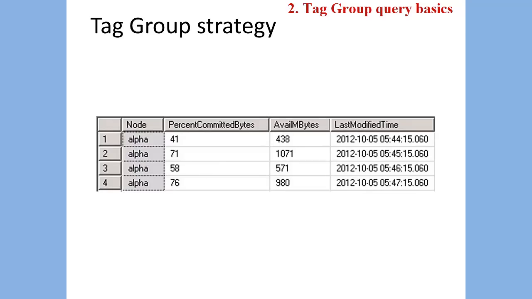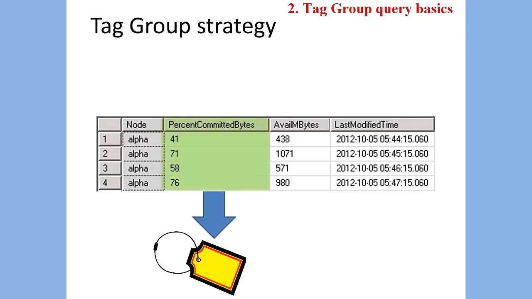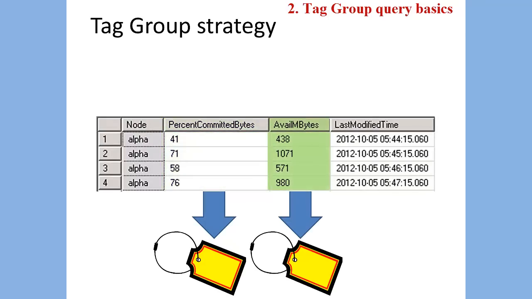I can create two PI tags, one tag for the %committed bytes column and one tag for the available megabytes column. The values of the two tags will share the same timestamp, the last modified time. The RDBMS interface uses the unique tag configuration settings to determine which column of data belongs to which PI tag. One or more rows can be returned to populate the multiple PI tags.